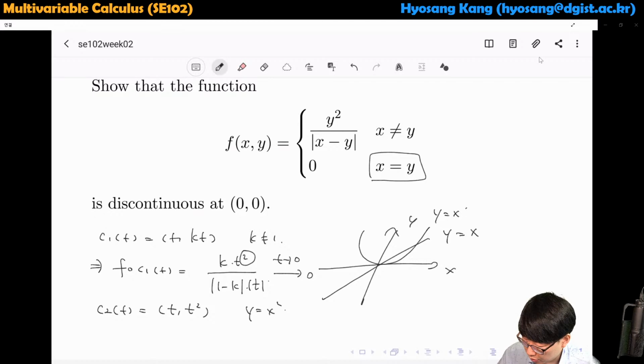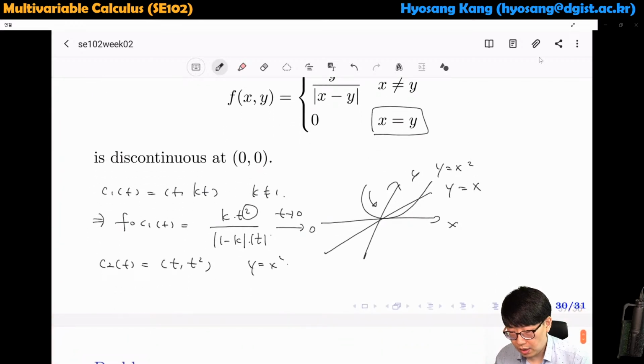If you approach (0, 0) along this curved line, then you might have a different limit. So you can check how it goes and see why it is discontinuous. If you already get a different value than 0, then it's done. But if you get 0 again, you have to find another path.